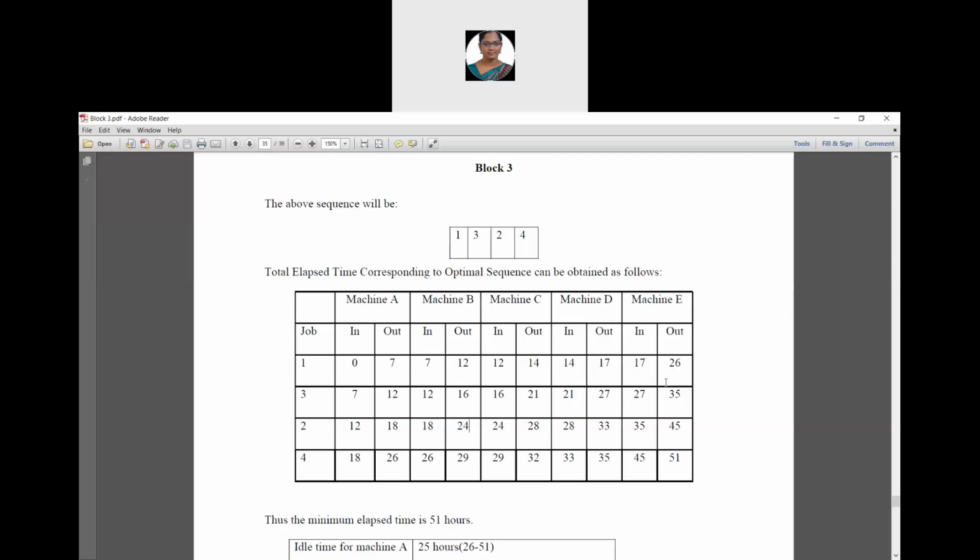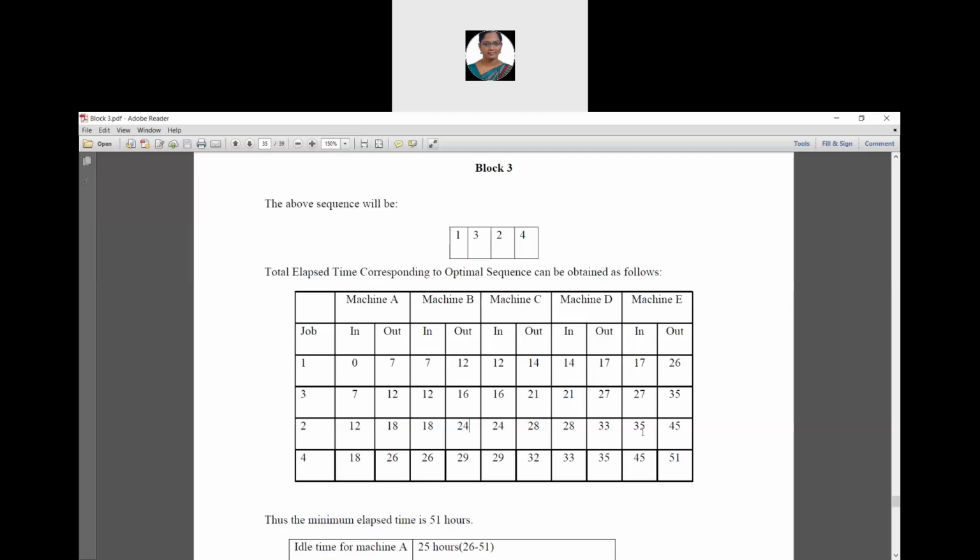It is 27. Then out value is calculated by adding in value 27 plus the processing time for third job in machine E. It is 8, so 35. Then compare these two things, 35 and 33. Here we are going to write the maximum of 35 and 33. It is 35.